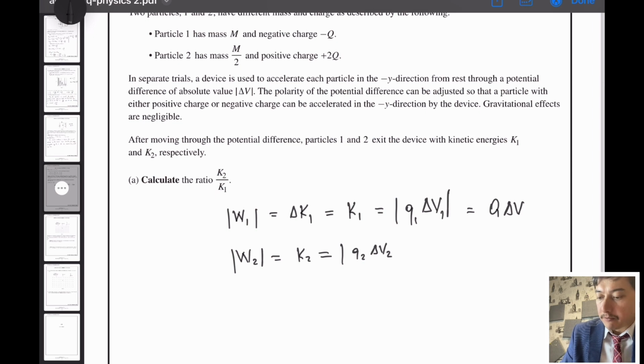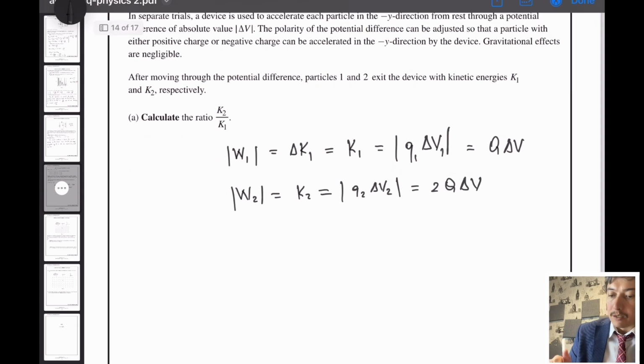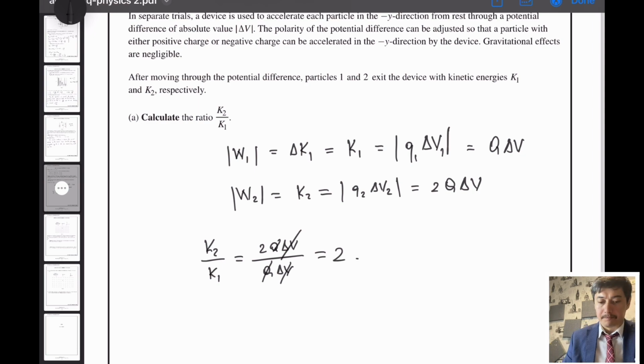In both cases, delta V's are the same, but charges are different, so it's going to be 2q delta V. Now, the question is asking us to find the ratio of K2 to K1, so it's going to be 2q delta V over q delta V. These quantities cancel, answer is 2.